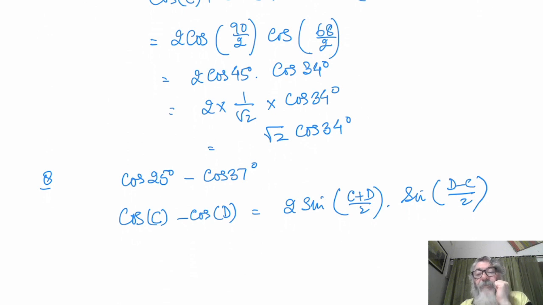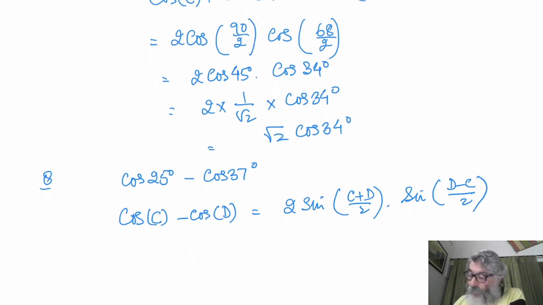Because in sine it will make a difference. If it was cos, whether I wrote cos (D minus C) or cos (C minus D), it did not make any difference. Why? Because in the fourth quadrant, cos is positive, whereas when I change the sign here, sine of minus theta is minus sine theta, while cos of minus theta is cos theta.